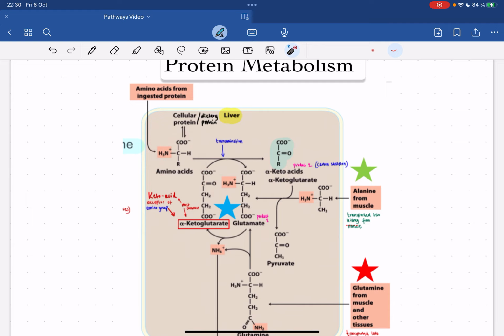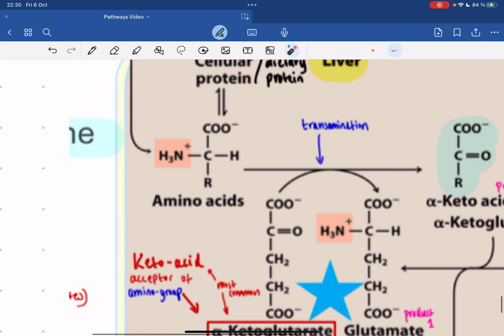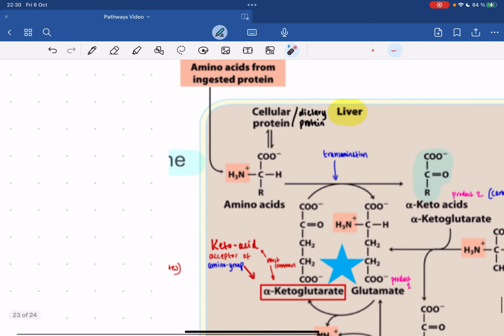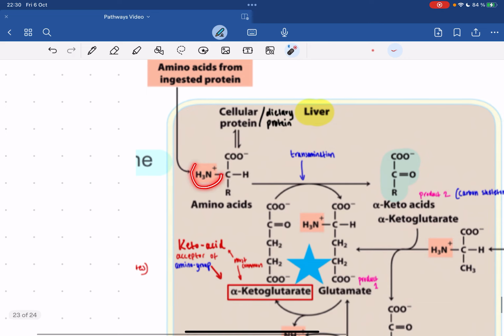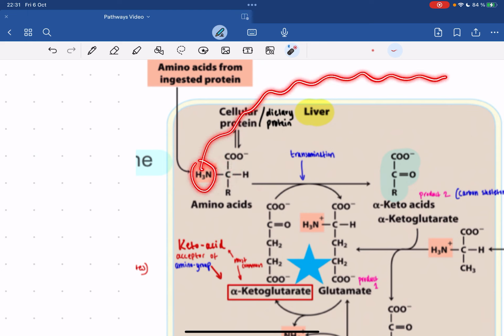But the only issue that we have here is that the amino acid contains something called ammonia. And ammonia is very dangerous to be left inside the body. So we can't just cut these up and then allow the ammonia to be free in the body. We somehow need to package this very, very carefully. We can almost imagine it as a bomb of sorts.